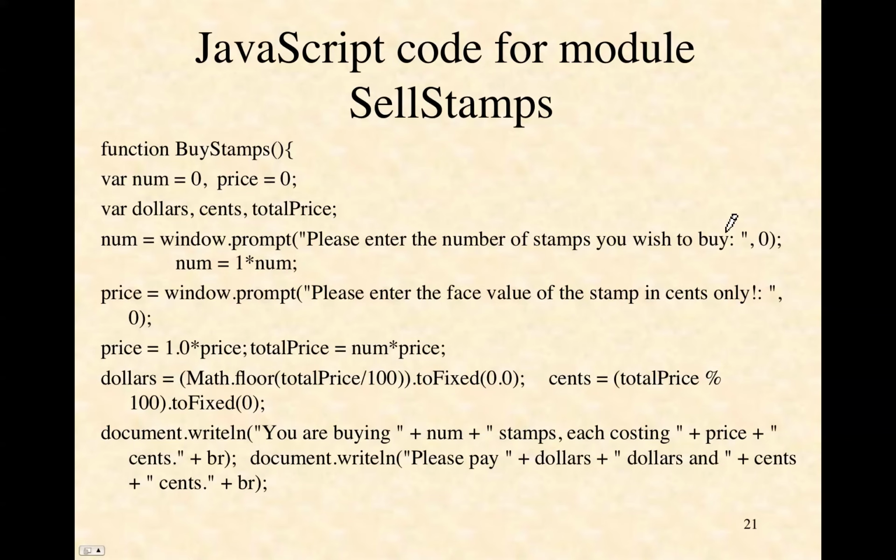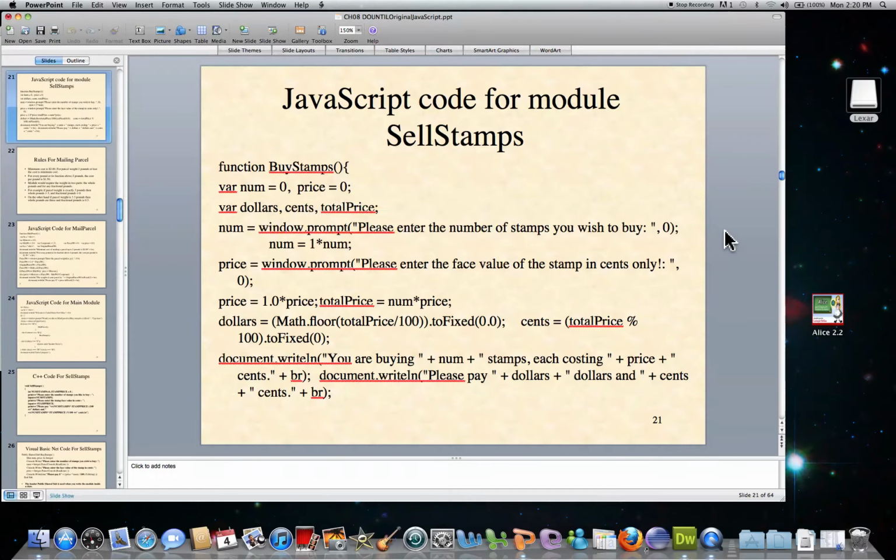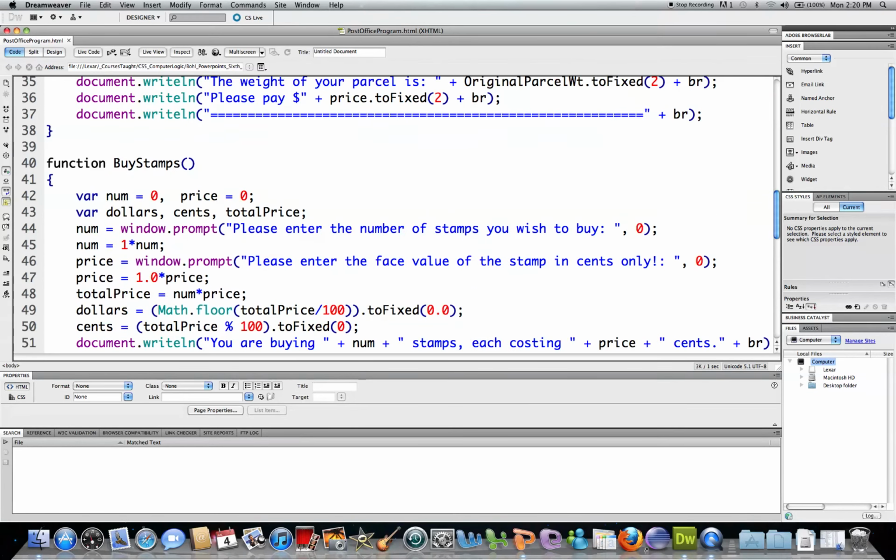Although you can read it here, it's probably better seen in JavaScript, the function buyStamps. So I'm going to exit this here and go to my JavaScript code where I can show you slightly better.